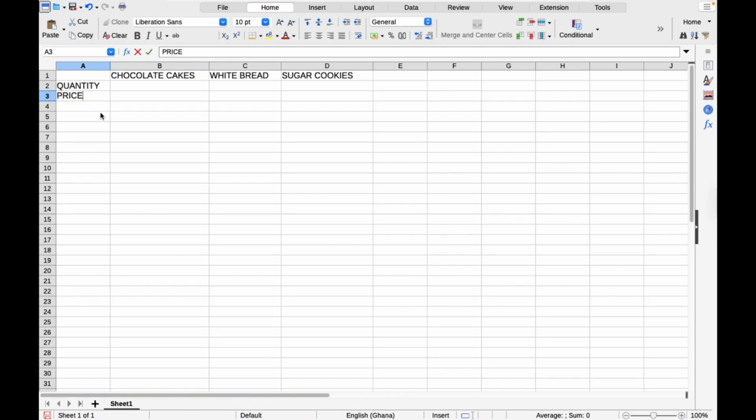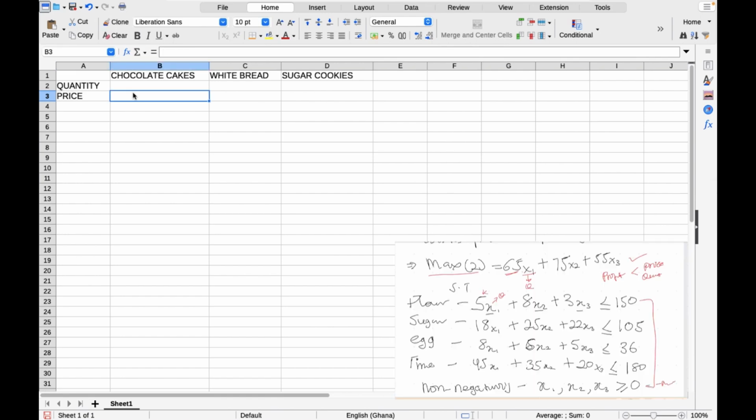So what I was trying to say is that, to get your profit, it was your price multiplying your quantity. And then we had the quantity and the price. For chocolate, they said it's 65. For white bread it was 75. And for sugar cookies it was 55. So here is the quantity. And since we don't know the quantity that will be produced or the quantity we can sell, represent it by 0.